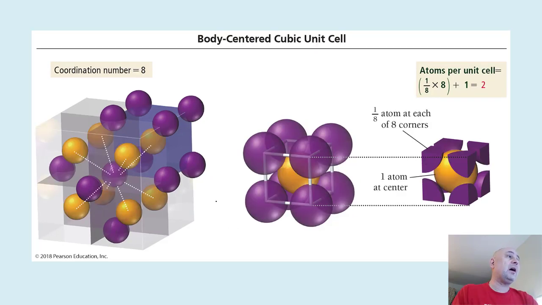Moving on to the body-centered cubic unit cell. So now we have a higher packing efficiency. We are expecting to have more atoms in the cell, and we do. We have 2 because we still have the 8 on the corner, which contributes 1, and then we are adding the one that's in the center, completely embedded, completely 100% part of that cell, which you can tell because the golden sphere in the center is completely embedded.